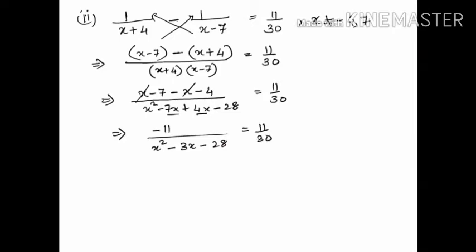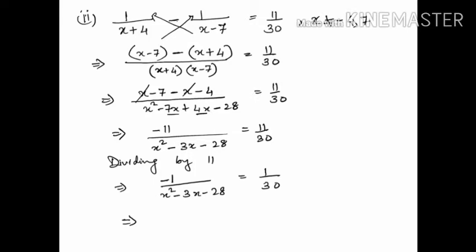Now we can see that the numerator has a common factor, that is 11. So we can divide both sides by 11. So we get minus 1 upon x square minus 3x minus 28 equal to 1 on 30. Now we cross multiply.